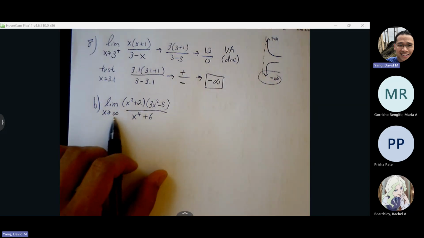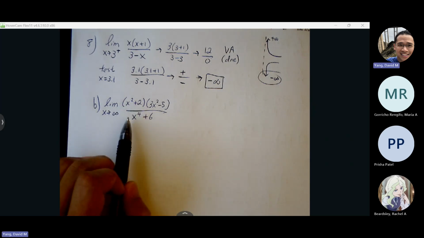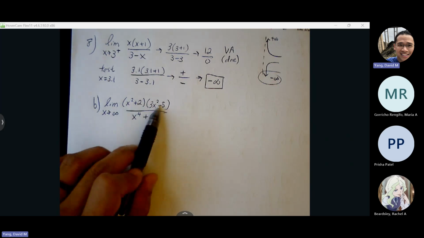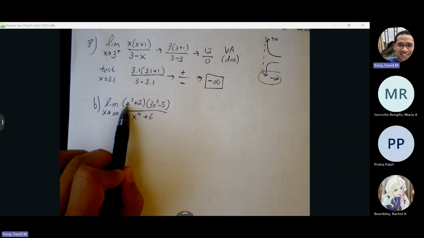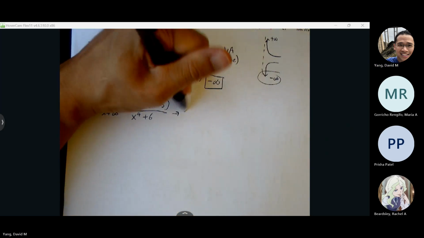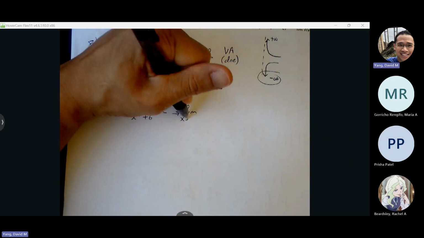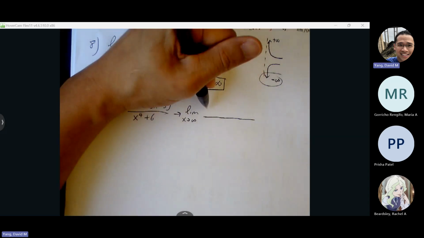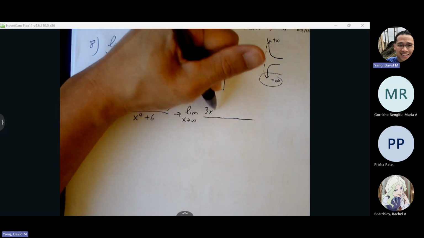So what's our first step if we're approaching infinity? Yeah, compare degrees, right? Right now it's kind of hard to tell because there are parentheses getting in the way. So we do probably need to expand out a little bit, enough so that we can pick out the highest degree and the coefficients. You don't have to expand all the way, just enough with the highest degrees to produce what you want to see.